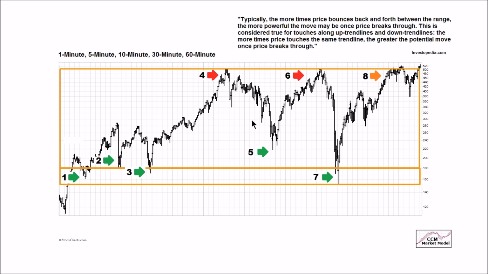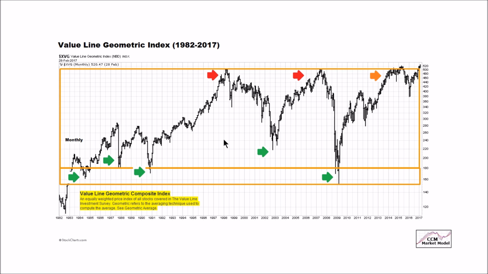Now it's time to tie in our hypothetical chart to the present day. We've actually been looking at the Value Line Geometric Index from 1982 to 2017. So we were not looking at a 60-minute chart. We're looking at a monthly chart as of the end of February. This is February 28th, 2017.